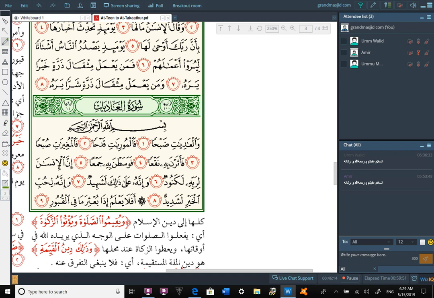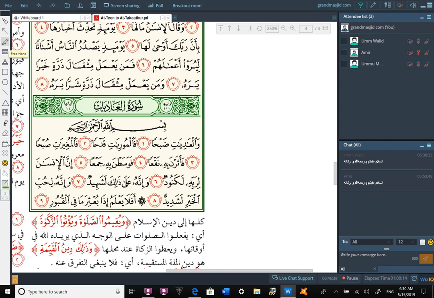Wa innahu, and verily he, ala dhalika la shahid, and verily he is upon that. Ala dhalik is jar wa majroor. Although dhalika is ismu ishara, it's mebni on this fatha, so we don't get to see the sign of jar. Ala dhalika, he is upon that, meaning upon that ungratefulness.